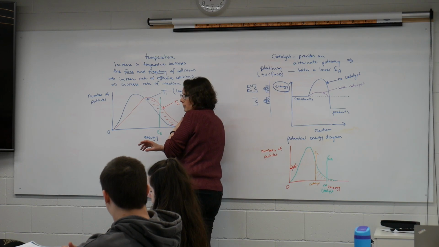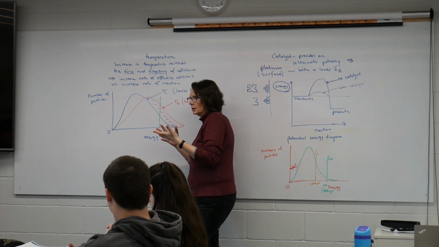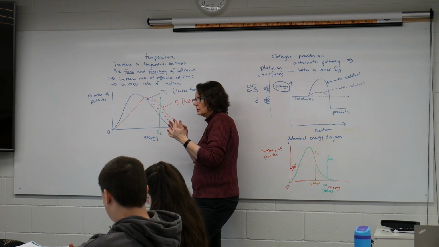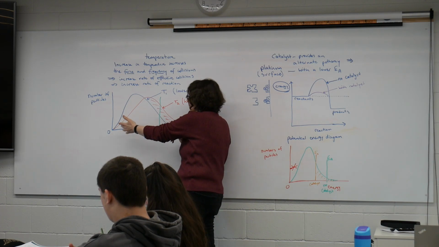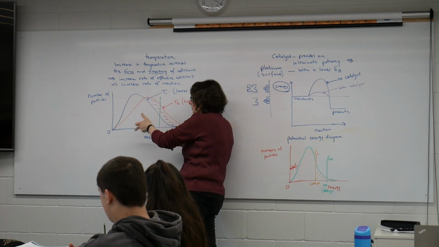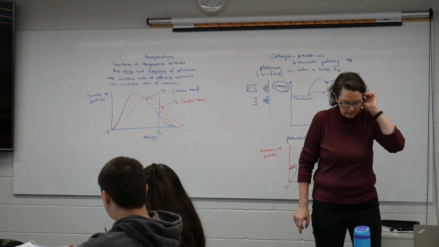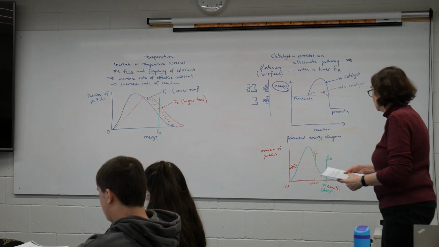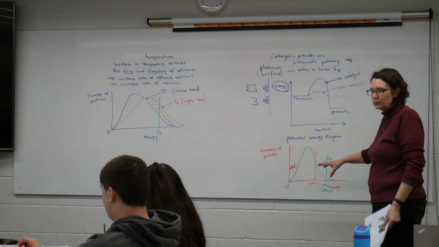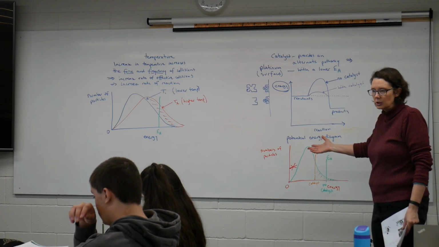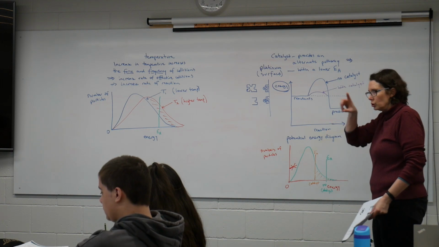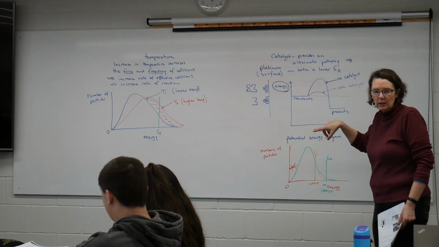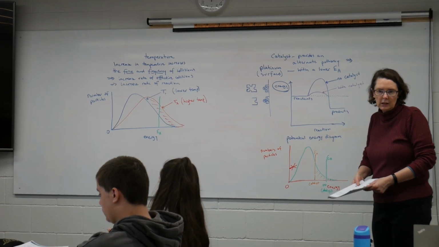The area under the curve represents all of the particles. Heating it up, we're not changing the number of particles, just the distribution, so we want the same area under the two curves. Generally, you are asked to represent this as two curves on the same axis. If you're asked to show what will change, don't draw a before and an after on two separate axes. Draw them on the same axis to compare them.